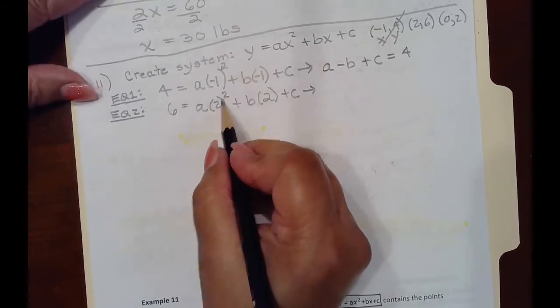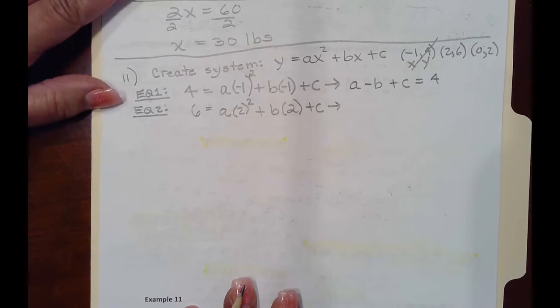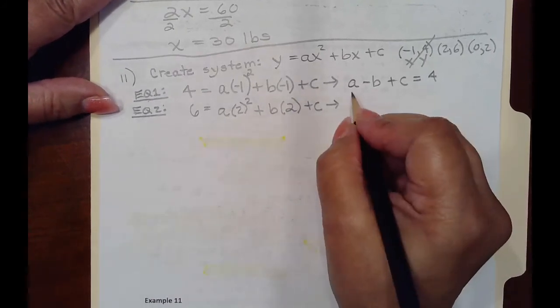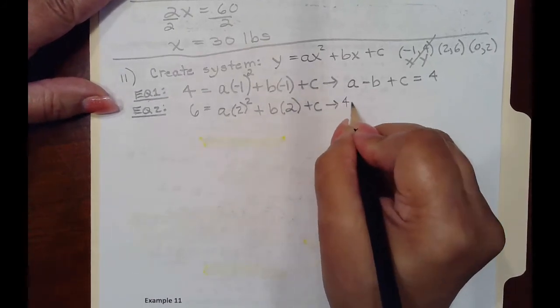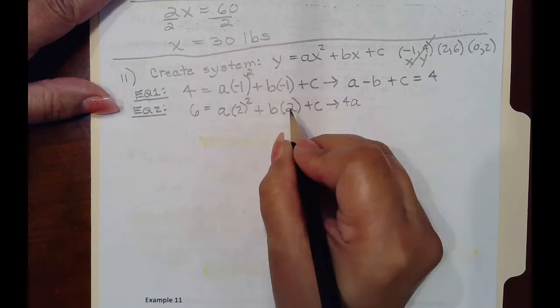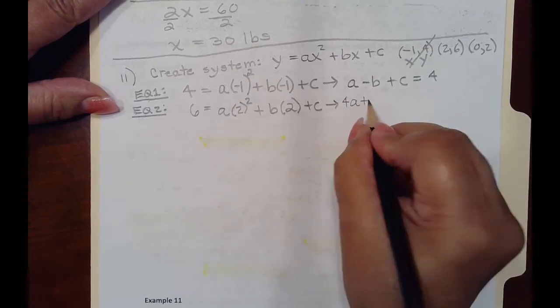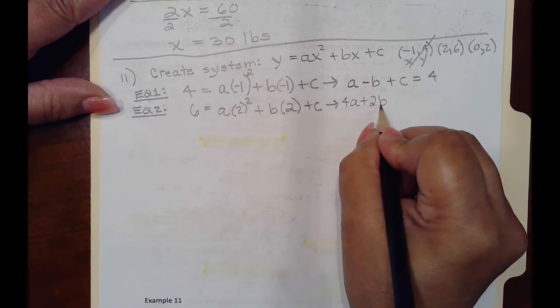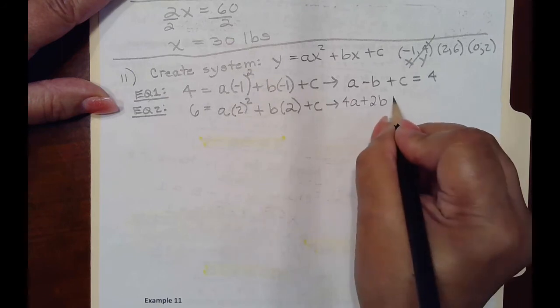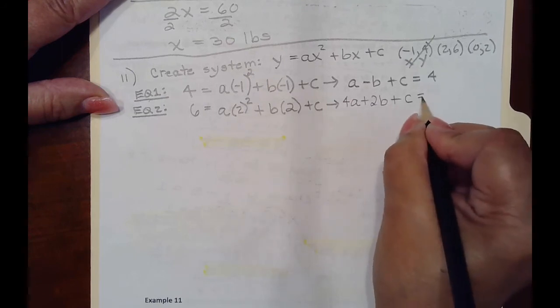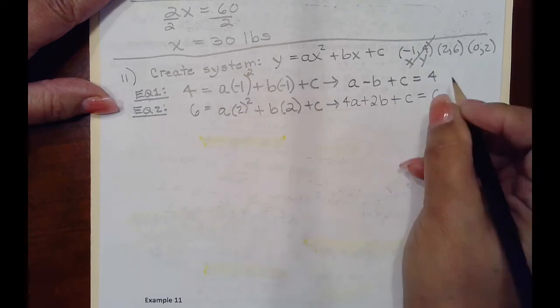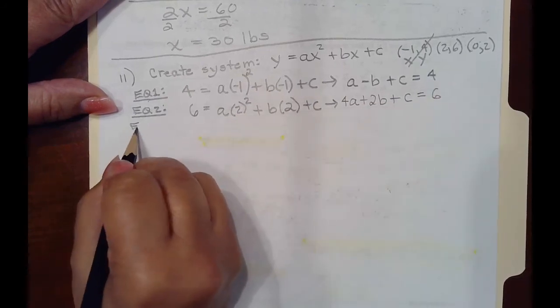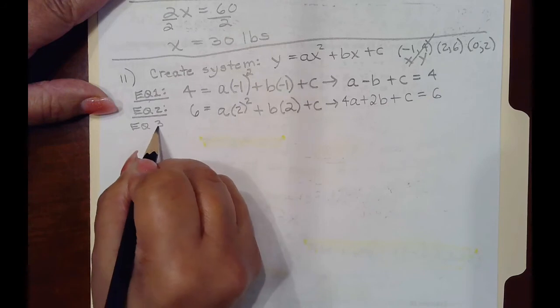So I have 4a plus 2b plus c is equal to 6. Okay, then going for equation 3.